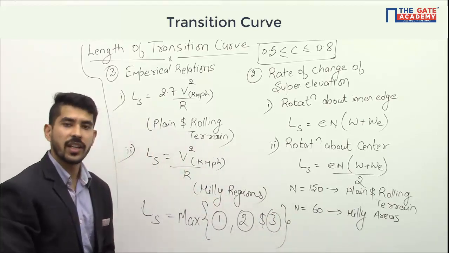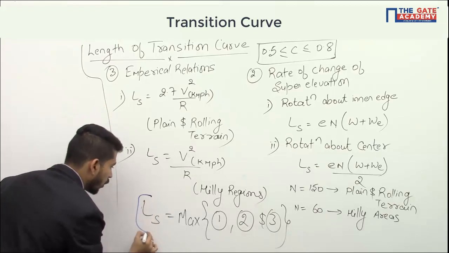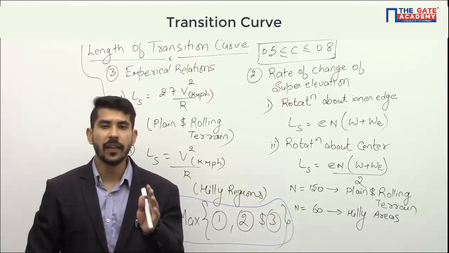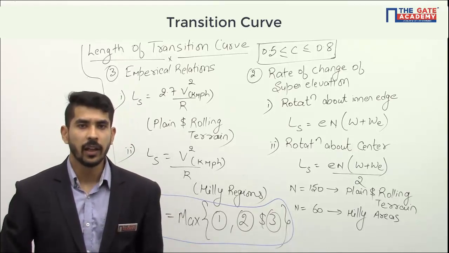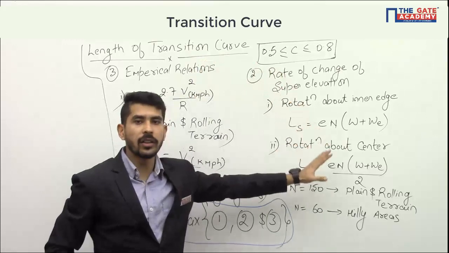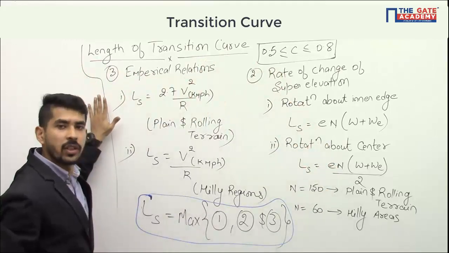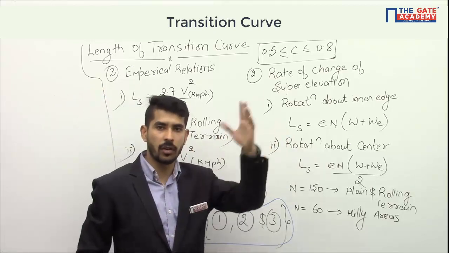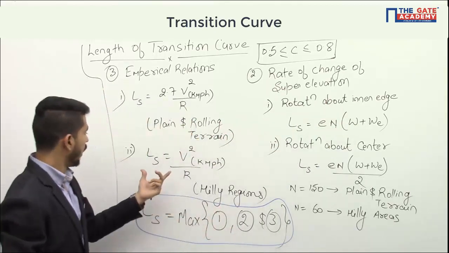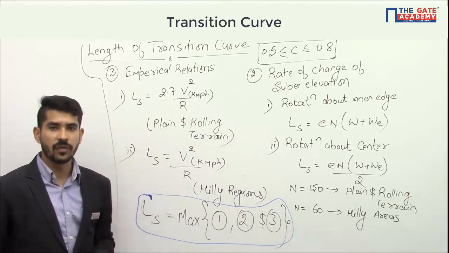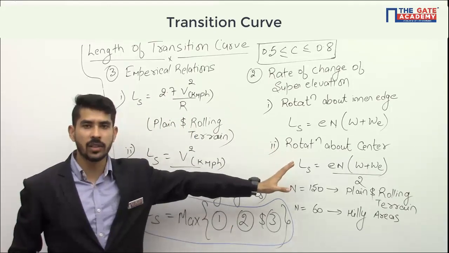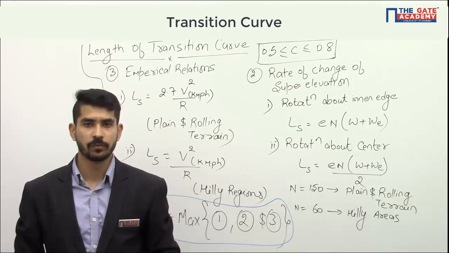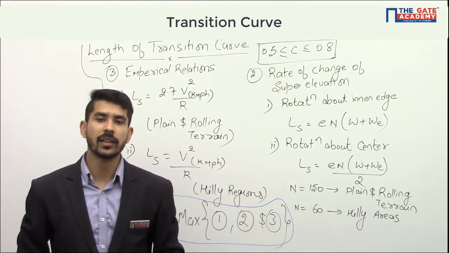In whichever case we are getting the maximum value, that value will be the length of the transition curve, right? And we don't have to apply all the formulas. The first one was on the basis of rate of change of centrifugal acceleration, one formula from there. From here you will choose one formula according to the question which is given to us, and from here also you have to choose one specific formula, and on the basis of 3 calculations, whatever is the maximum value, that will be the length of the transition curve, right? So this is how we are calculating the length of transition curve.